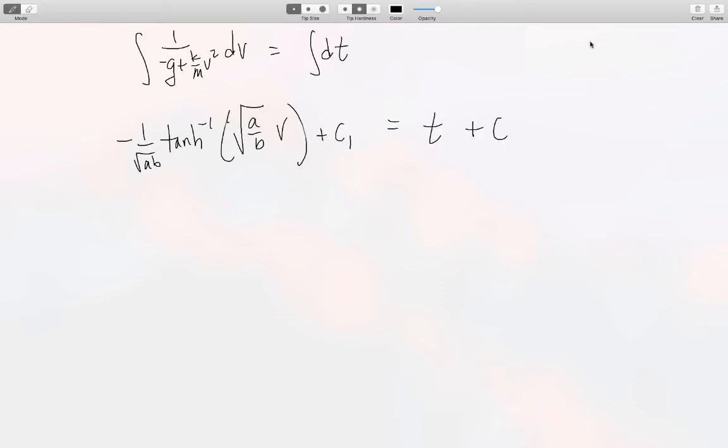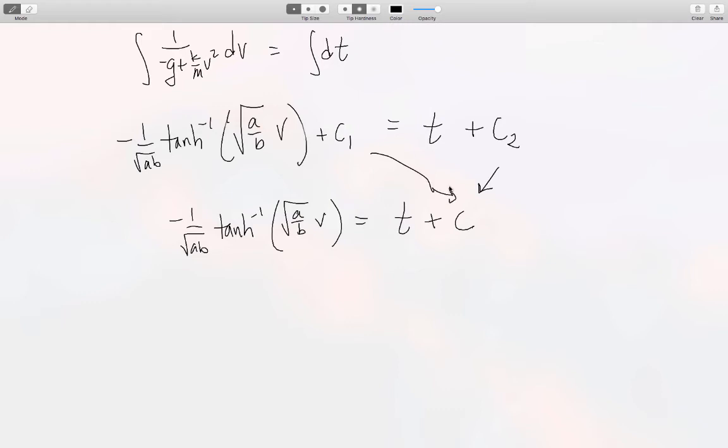I'll combine those two constants into one single arbitrary constant of integration. So we'll say -1 over square root AB tan hyperbolic inverse of the square root of a over b v, like that, combining those two constants.